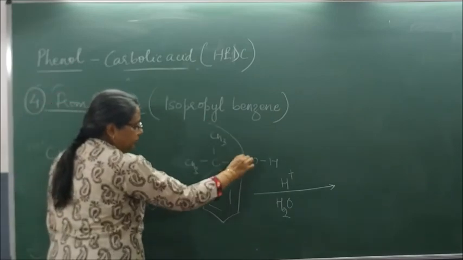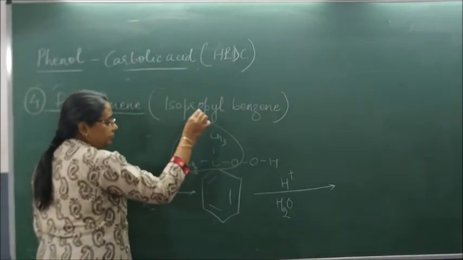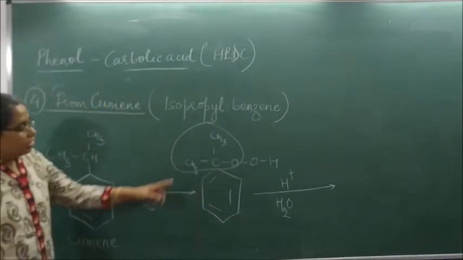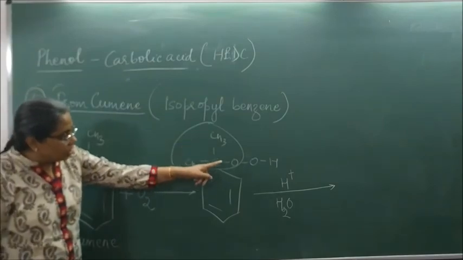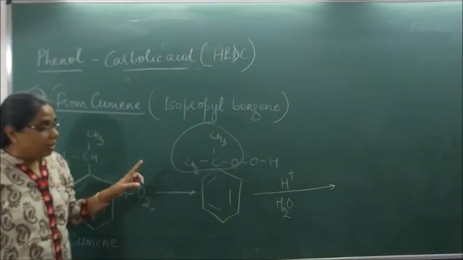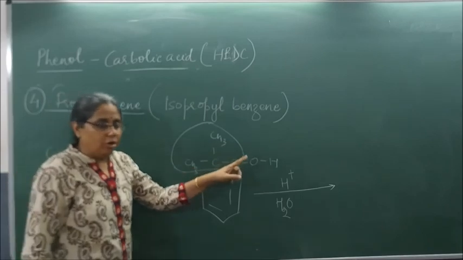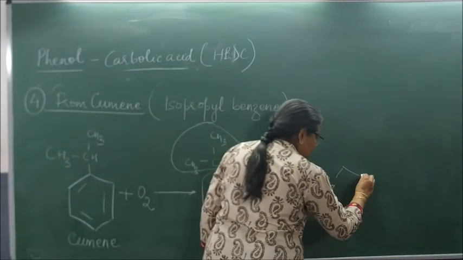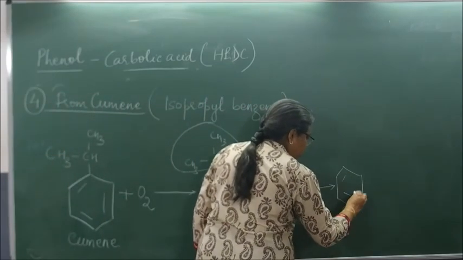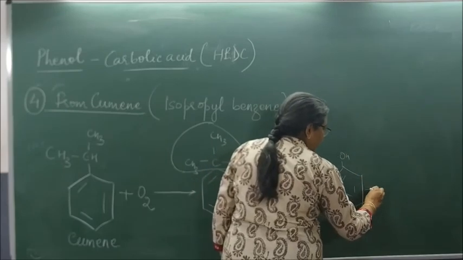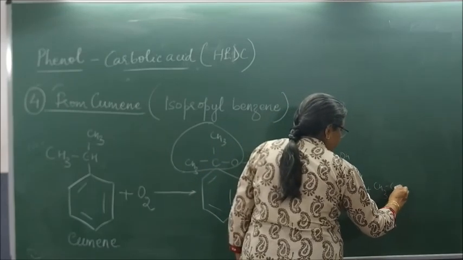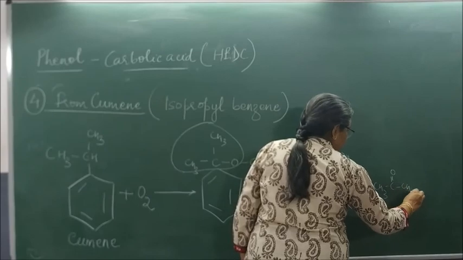What it forms? CH3, CO, CH3, plus what is left? Phenol. So you get C6H5OH plus CH3, C double bond O, CH3.